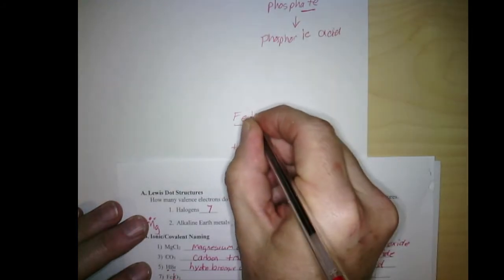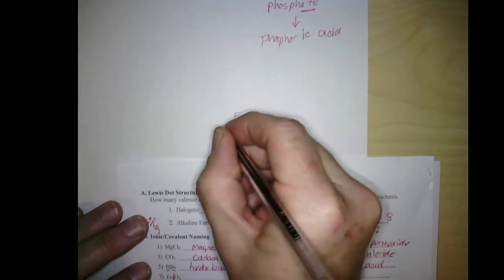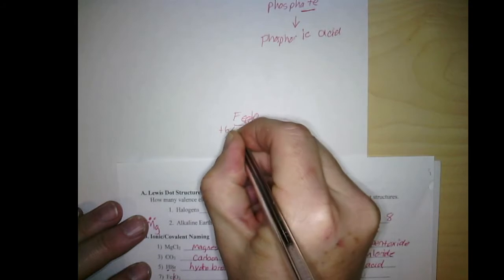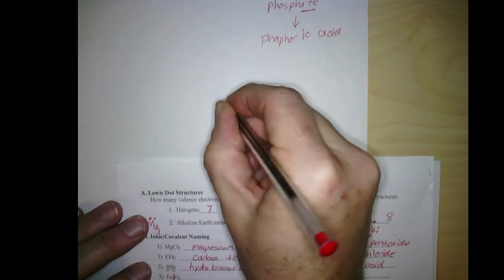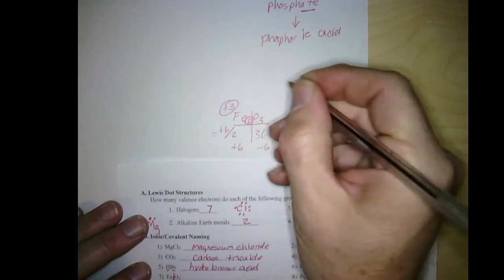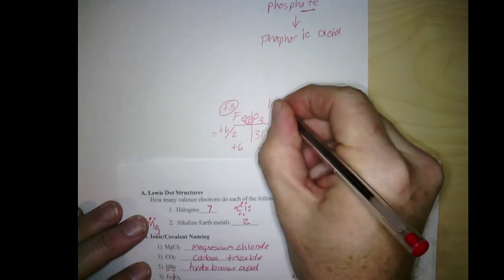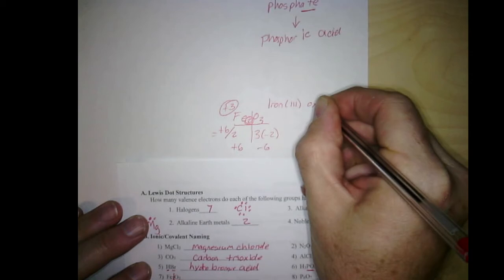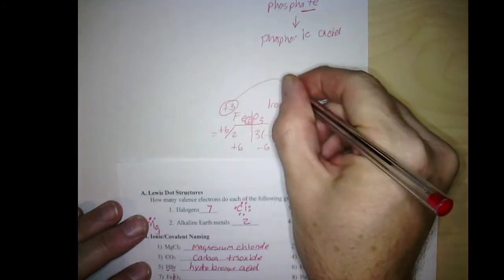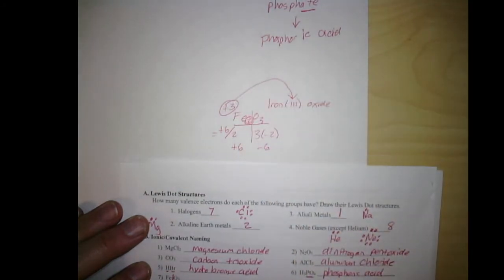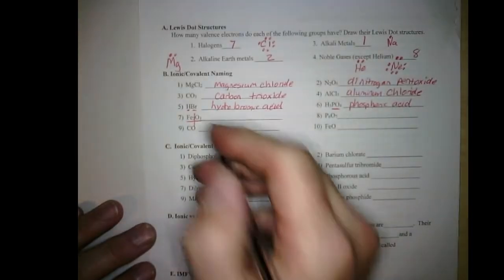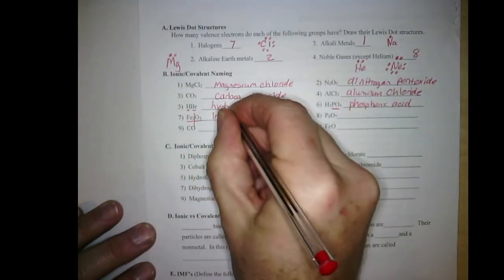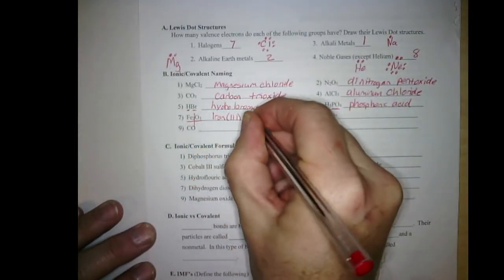And I happen to have 2 atoms of iron here, so +6 divided by 2 equals +3. Therefore, I'm going to write this as iron(III) oxide. That's where that comes from. That's what that means. This is iron(III) oxide.